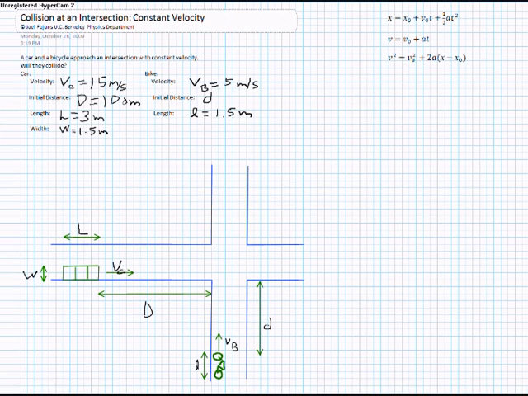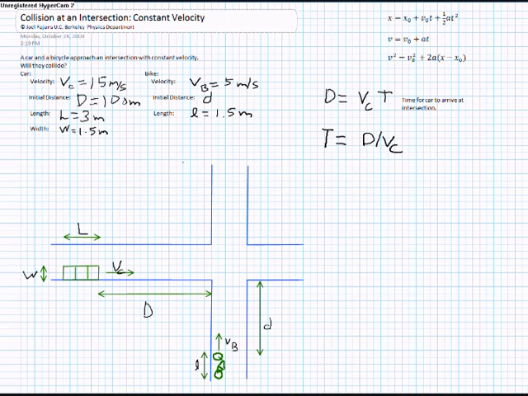We can write down x is going to be equal to d, so we can write down that d is going to be equal to the velocity of the car times the time t that it takes the car to reach the intersection. We can easily invert this to find the time. T is going to be equal to d divided by v sub car.